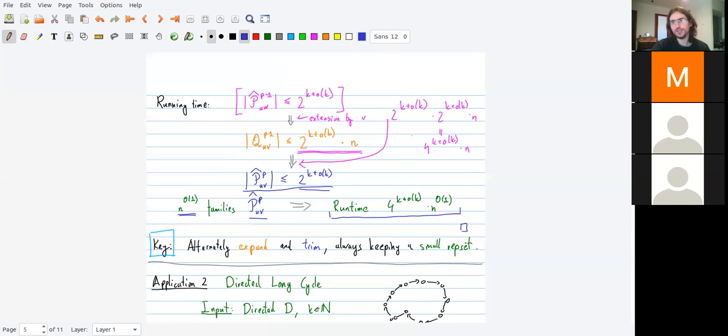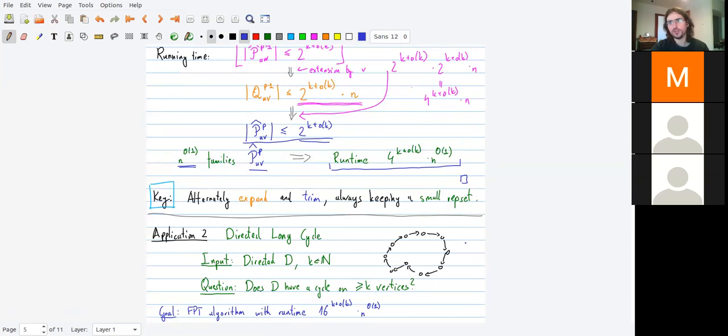So the key idea in this proof, and this is an idea that comes back all the time in representative sets, is that instead of taking one family at the beginning and shrinking it, we are doing it in this sort of caterpillar way of computation: we iteratively expand a family and then trim it using computation of representative sets.